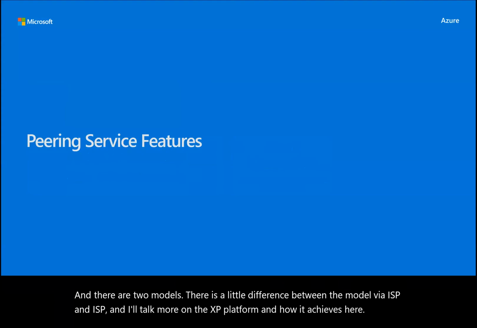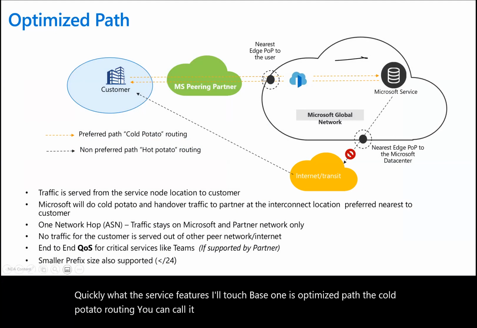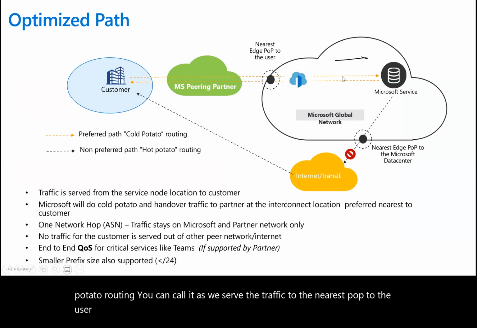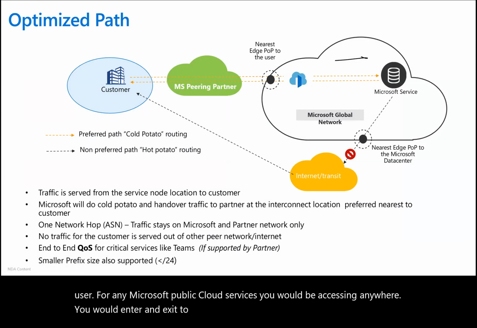Quickly, I'll touch base on the service features. One is the optimized path, the cold potato routing, you can call it. We serve the traffic to the nearest POP to the user. For any Microsoft public cloud services you would be accessing anywhere, you would enter and exit at the nearest interconnect location to you with the partner.